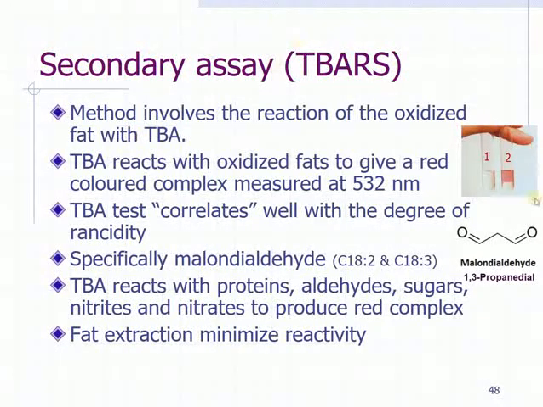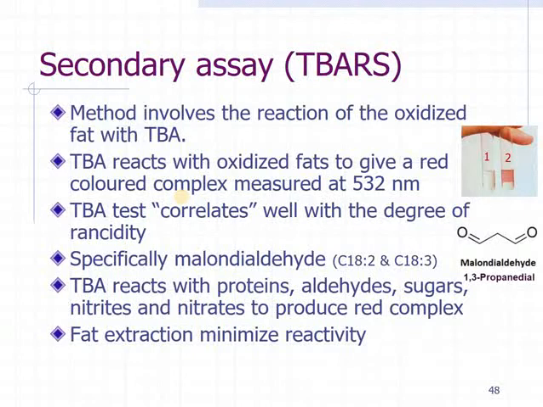This is showing two test tubes: this is how it looks when there's no oxidation at all, and this one is when there's the reactivity of the oxidized fat with the TBA. After that, the red colored complex is measured at 532 nm, and this is also a spectrophotometric method.